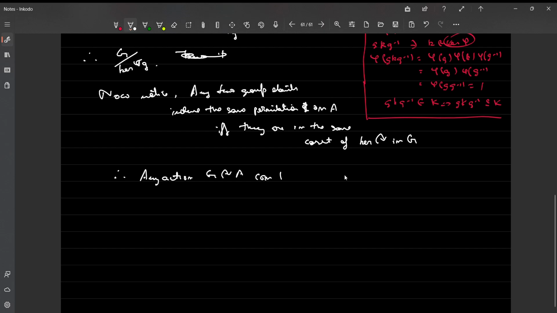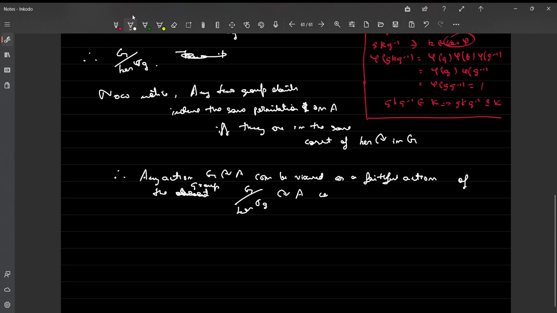So therefore, any action of G on A can be viewed as a faithful action of the group G mod the kernel of the action on A. Or let me be a bit more precise.